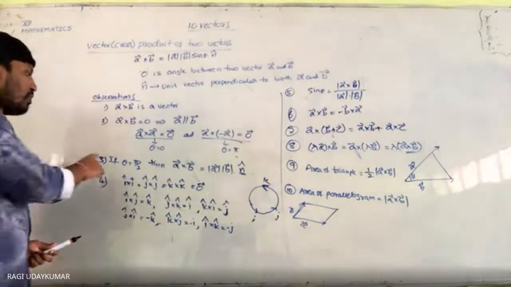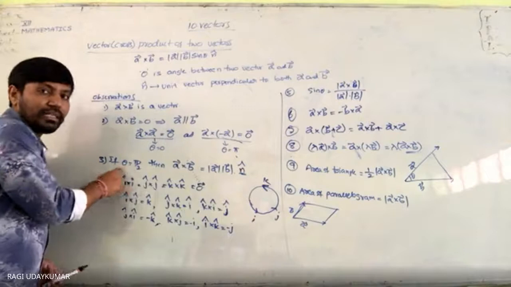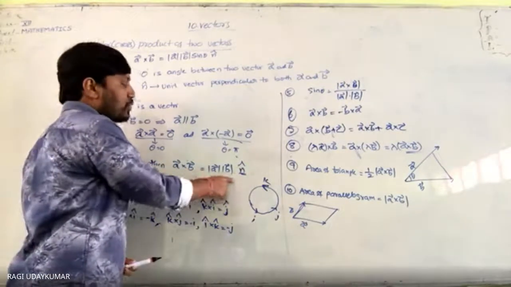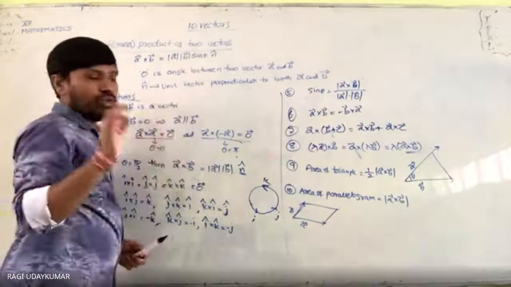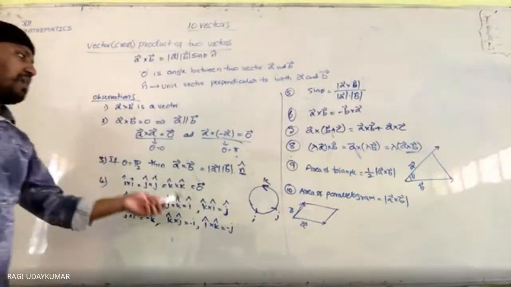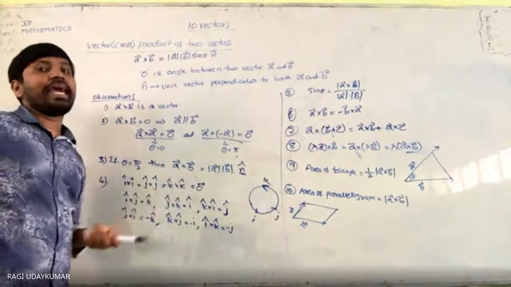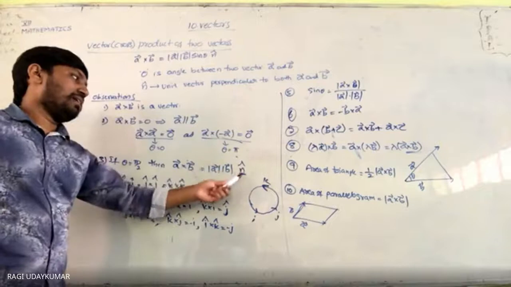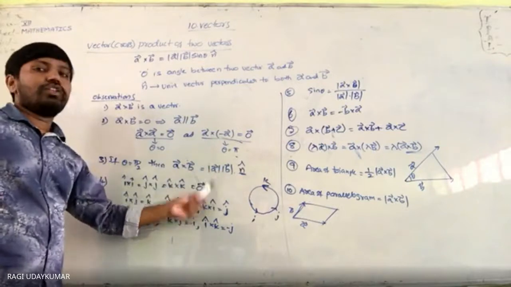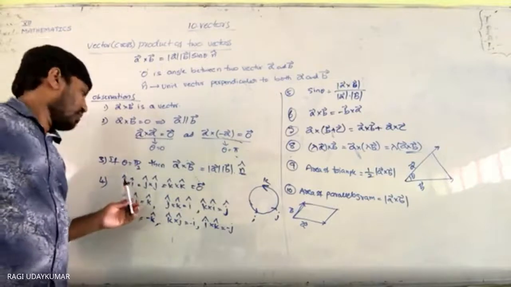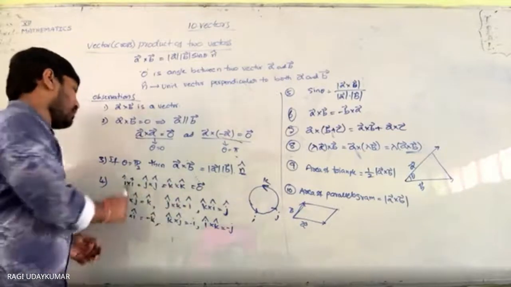If the two vectors are perpendicular to each other, then the cross product will be, with sin theta equal to 1, magnitude of a bar into magnitude of b bar into n cap. It is a vector. If you write simply magnitude of a bar into magnitude of b bar, that becomes a scalar. So this is a main observation you need to make here.